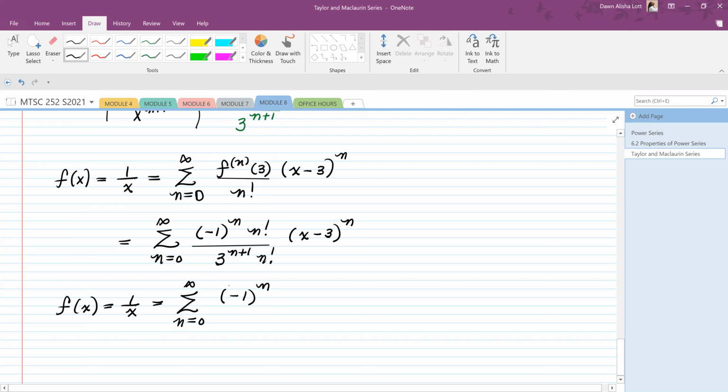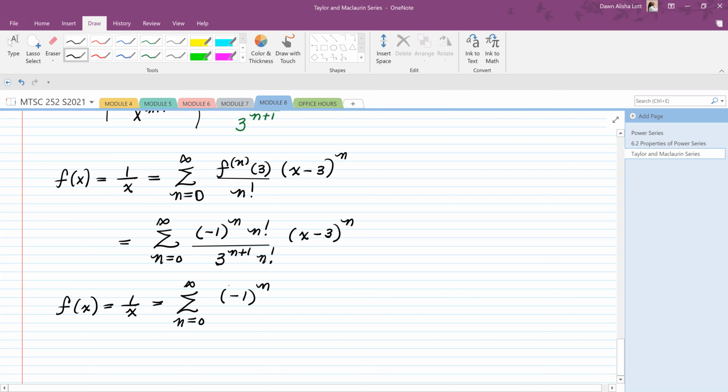So the interval of convergence, well, let's see, this is only valid on the interval of convergence. Okay, and so if I want to do that, I'm going to rewrite it as f of x equal to 1 over x.